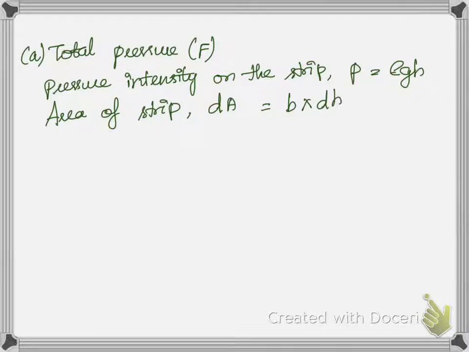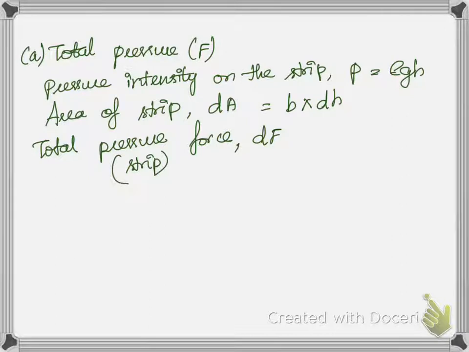Now what will be the total pressure force on the strip? I am taking it as dF. This is for the small strip alone. So dF is equal to pressure into area. Already we have learnt that pressure, or stress, is equal to force by area, so force will be equal to pressure into area.